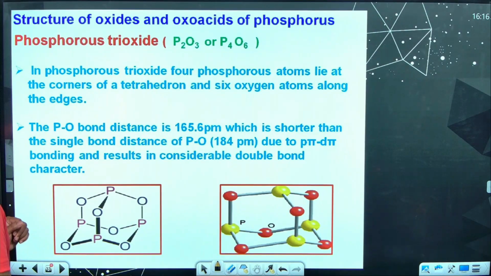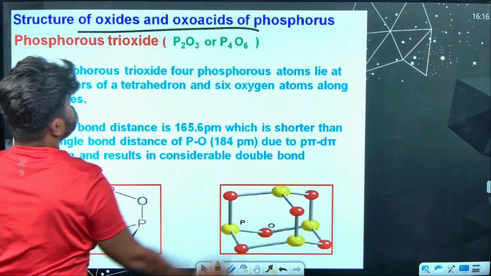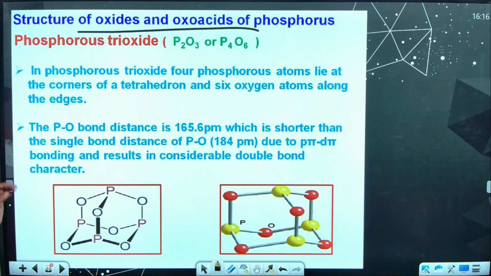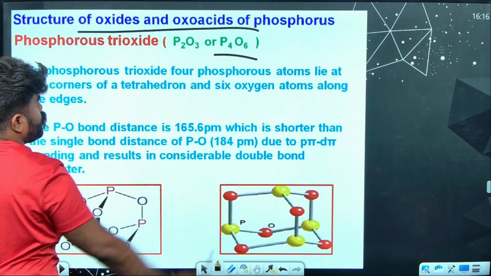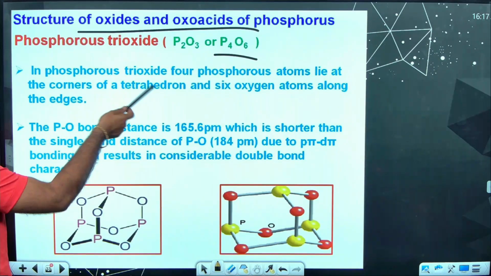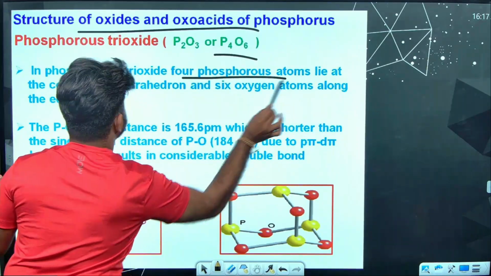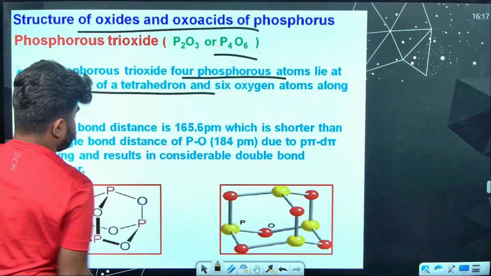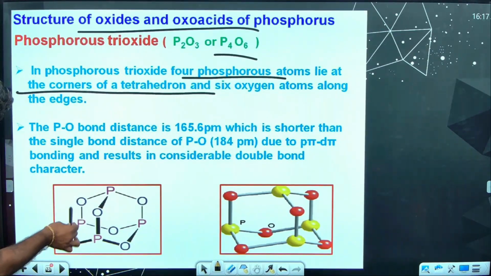Then structure of oxides and oxo acids of phosphorus. So the structure of P4O6 is like this. You see that in phosphorus trioxide the 4 phosphorus atoms lie at the corners of the tetrahedron. Can you see a tetrahedron here?